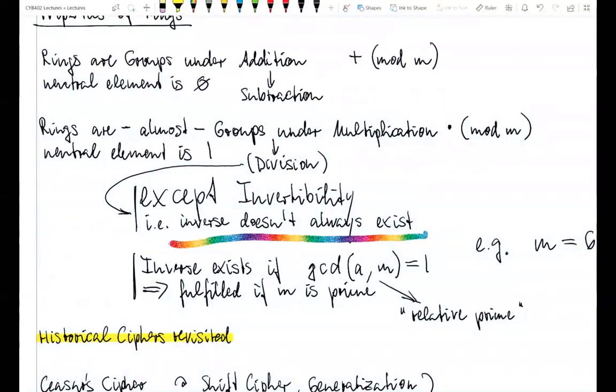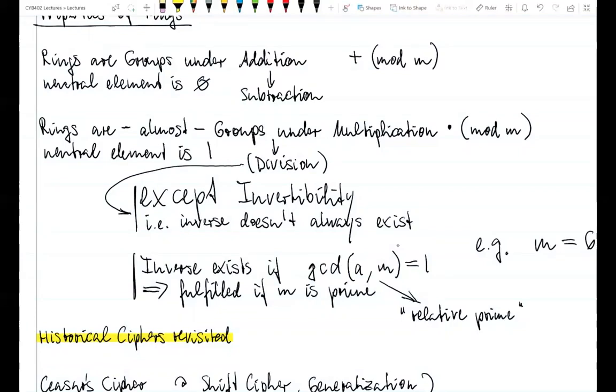So a sufficient condition that needs to be fulfilled for an inverse to exist is if the element that we look for having an inverse is relatively prime to the modulus.